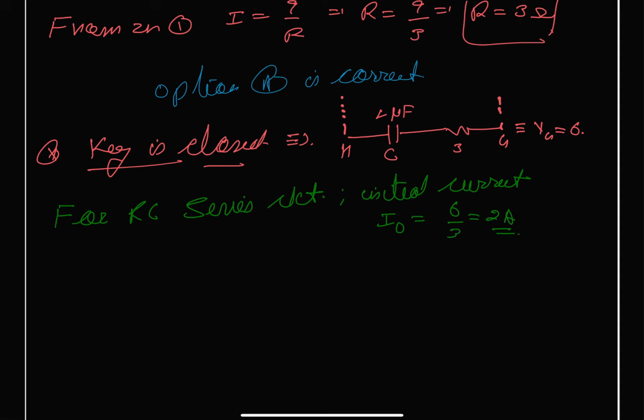And we can find out our time constant because it is going to charge, for RC series circuit, charging. So our time constant tau is equal to R multiplied by C. So this comes as 3 multiplied by 2, which gives us 6 microsecond.